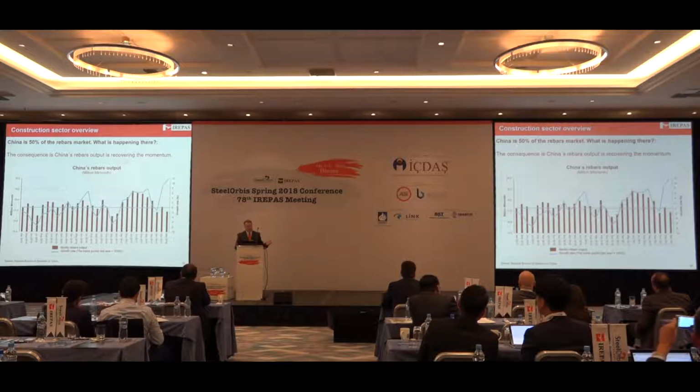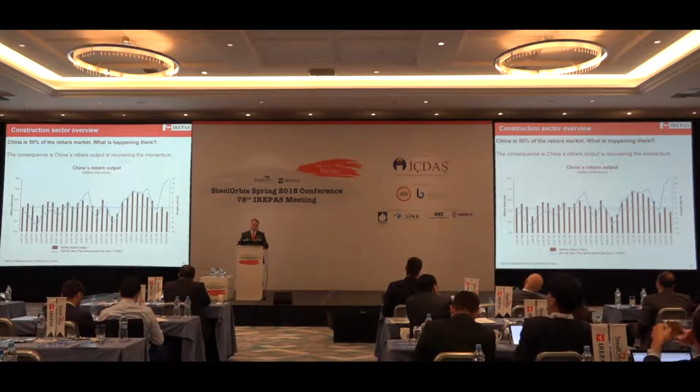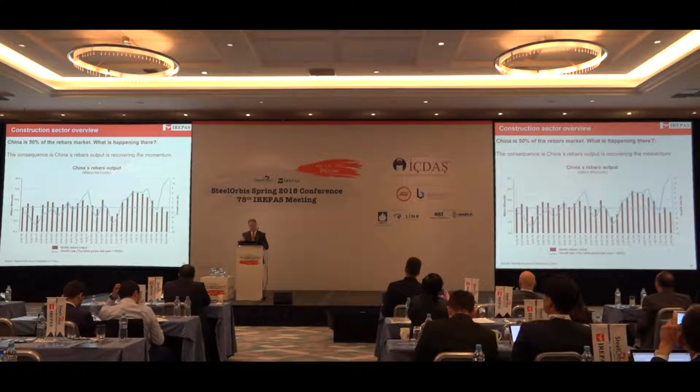So, as a consequence of the last two graphs that you saw, here you have information from the Chinese government, where you can see the output of the rebar sector in China in terms of tons. I hope that it's reliable. Chinese mills are producing between 17 and 18 million tons per month. And the important thing is the blue line, which is the growth of this production.